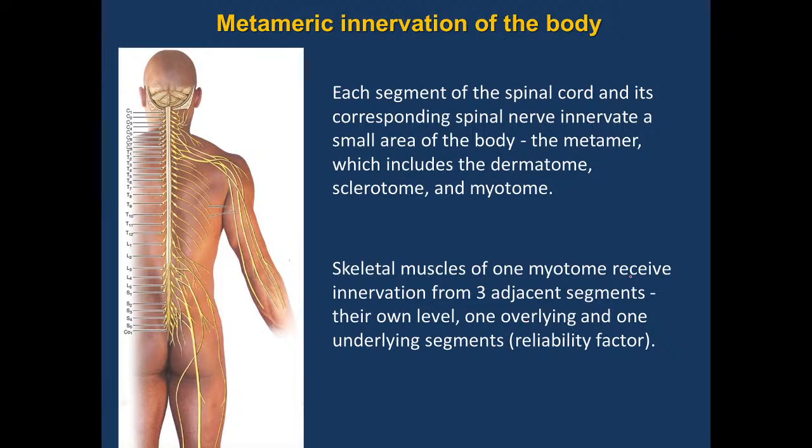Humans, like all chordates, have a metameric principle of innervation of the body. What does it mean?